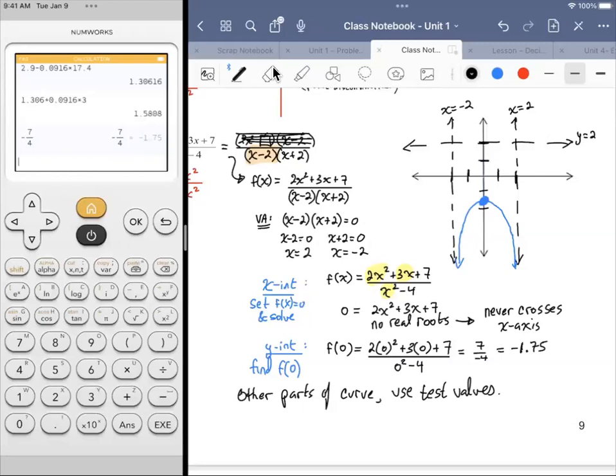So this is happening. This vertical asymptote is right here, a vertical line going through -2, and the other one is going through +2. All right.